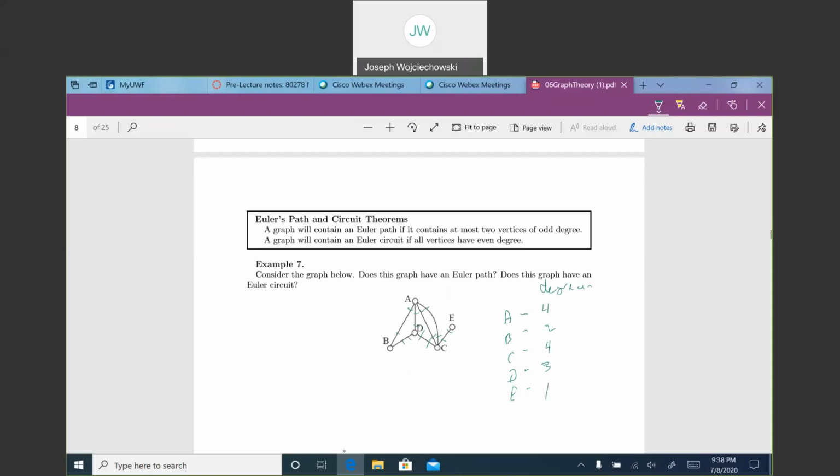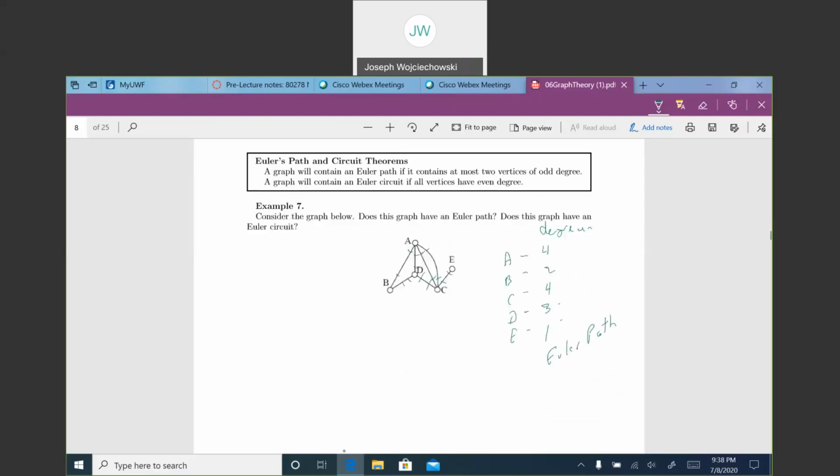So an Euler graph will contain an Euler path if it contains at most two odd degree vertices. So we have an Euler path. The graph will contain an Euler circuit if all vertices have an even degree. No Euler circuit.